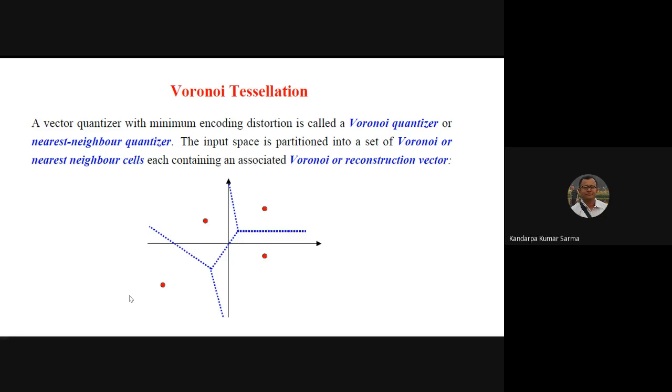Each of the red dots represents a codebook vector denoting a particular class, and the dotted lines represent the neighborhood to which the codebook vectors, the red dots, are confined. So this shows how a Voronoi tessellation is done in the vector quantization process.